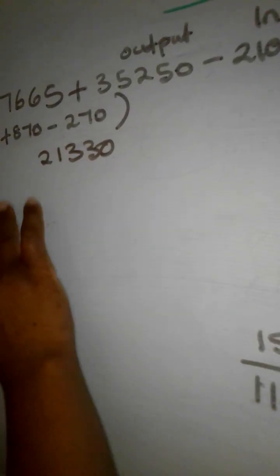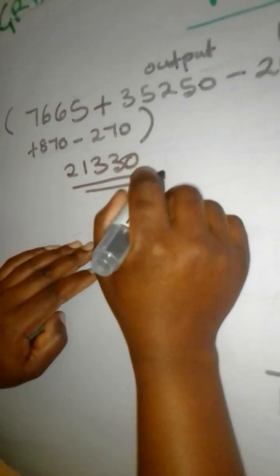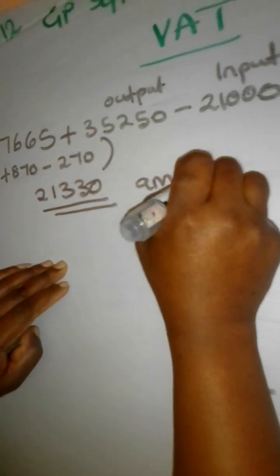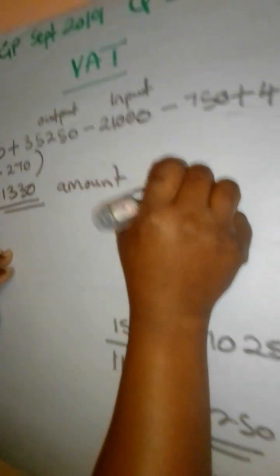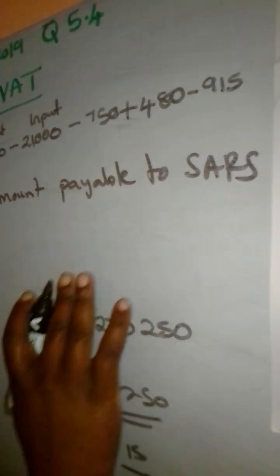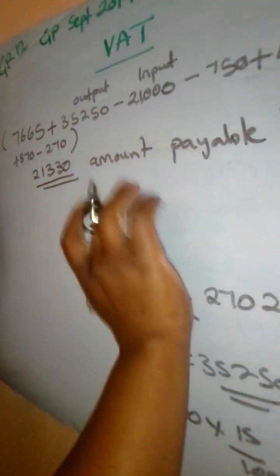21,330. The output is more than the input. Whenever output is more than the input, it means 21,330 is an amount payable to SARS. Why? Because the output is greater than the input.